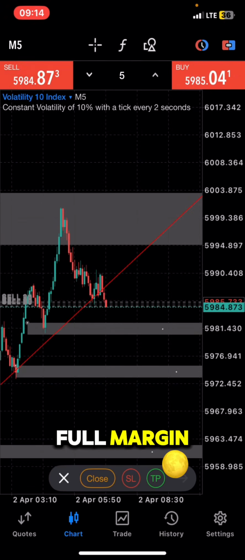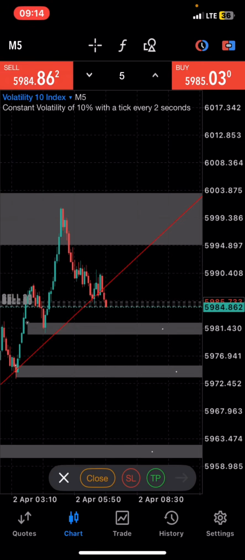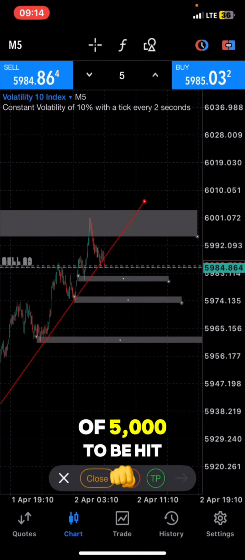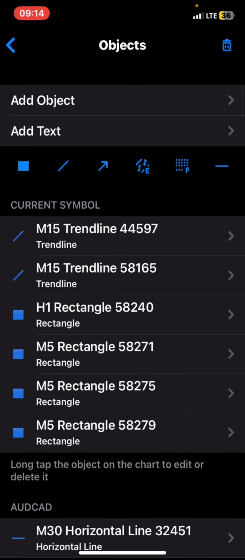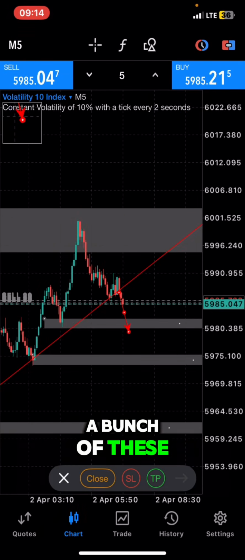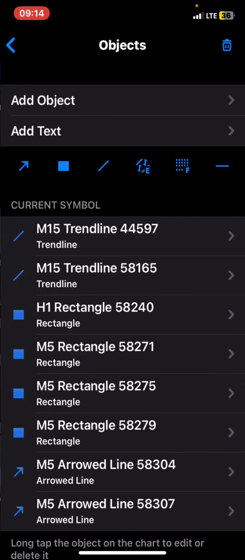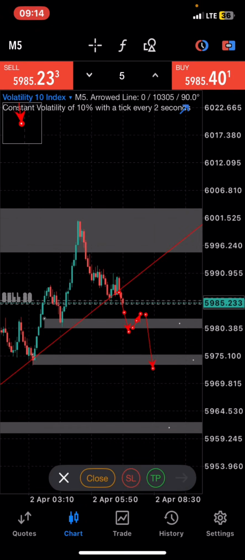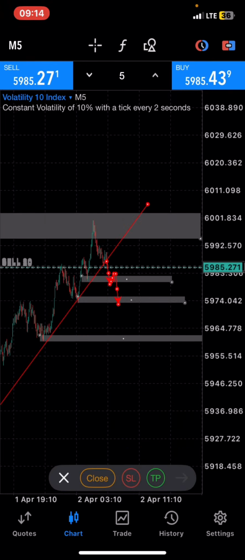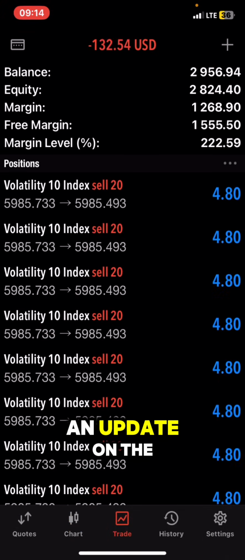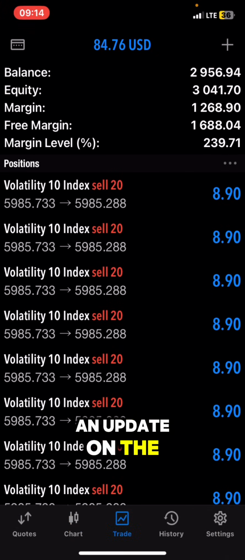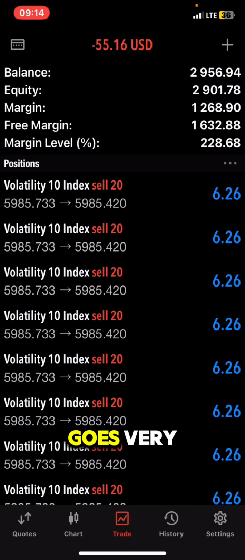We want our goal of 5,000 to be hit. So we actually have a bunch of these targets to get hit. I'll give you guys the update on the trade and how the trade goes very, very soon.